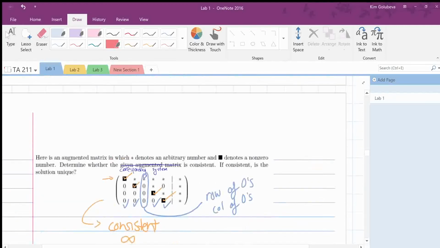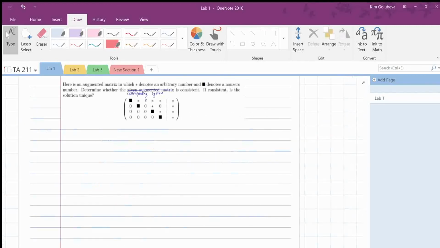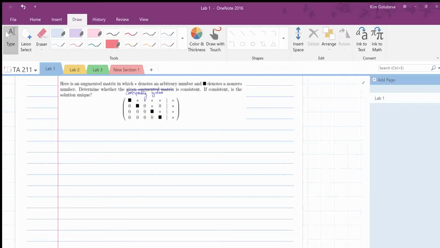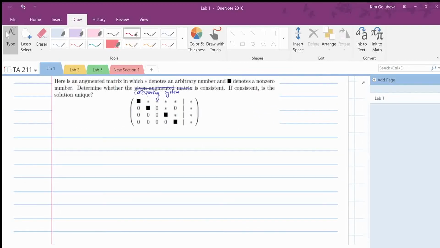So the next question is similar. We're checking rows first for leading ones, and then we're checking columns. The first row has a leading one, second row has a leading one, third row, and fourth row. So we have a full set of leading ones, so we know that the system is consistent, right?